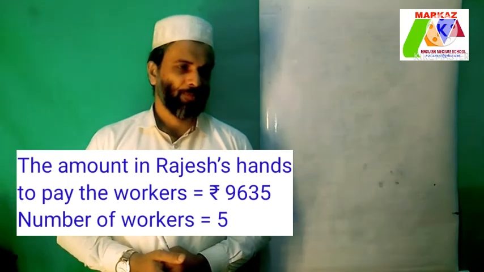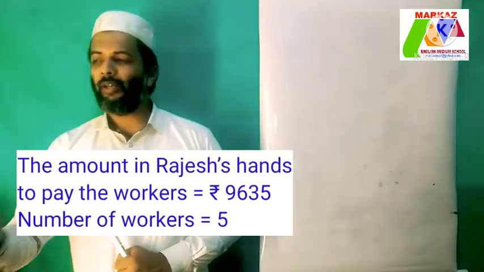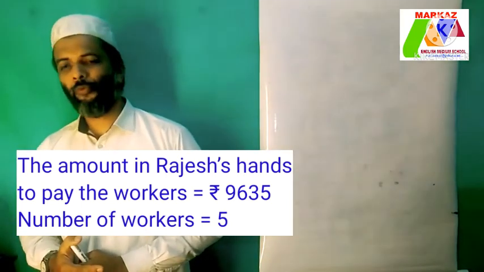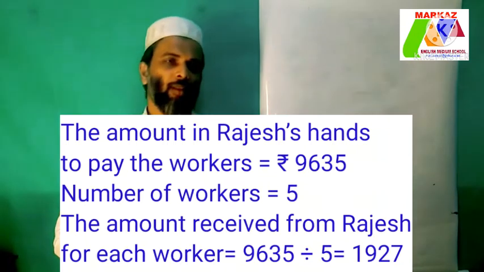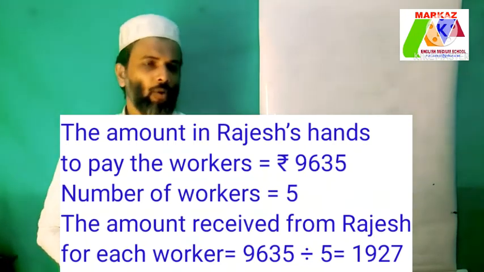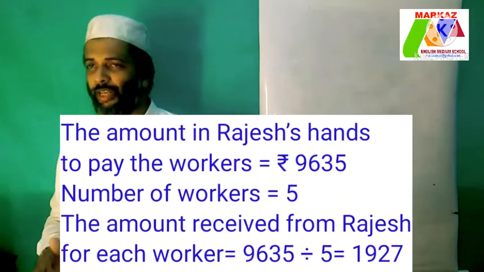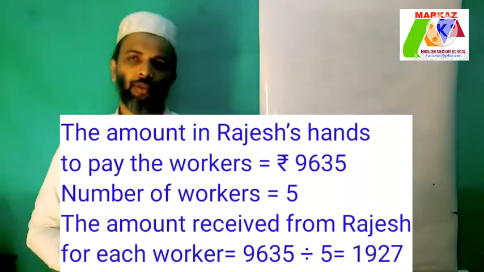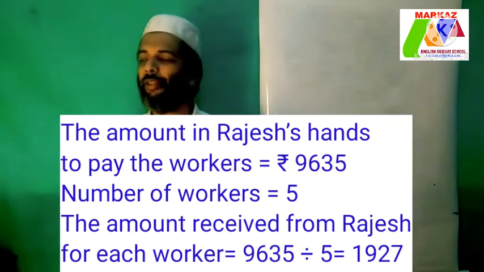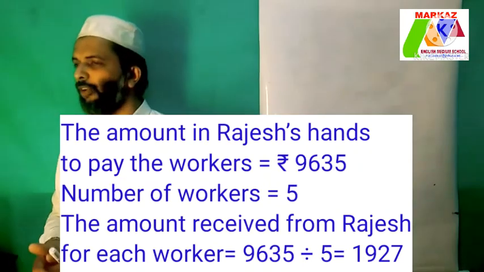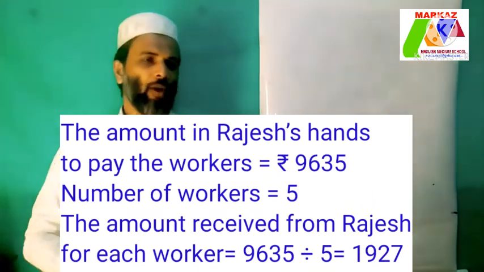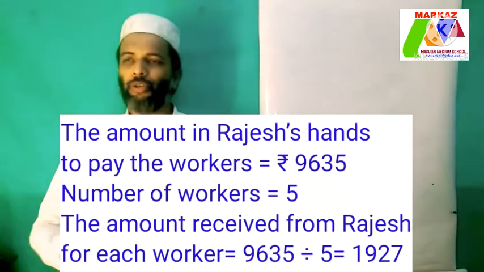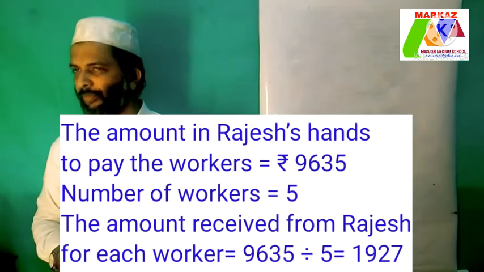Finish. Number of workers is equal to 5. Third line, the amount received from Rajesh for each worker is equal to 9635 divided by 5. Find the quotient from your working column.